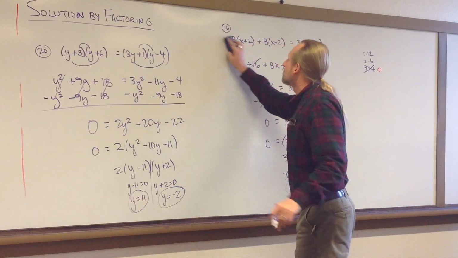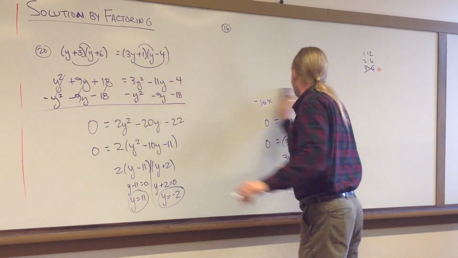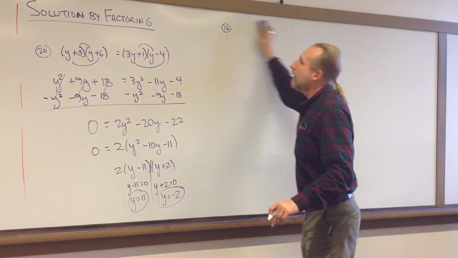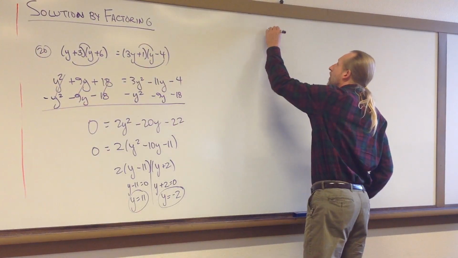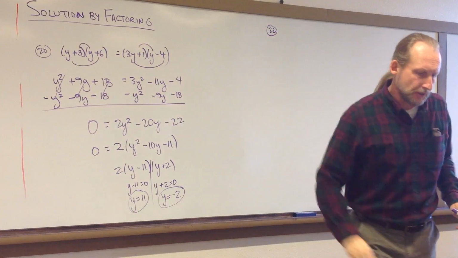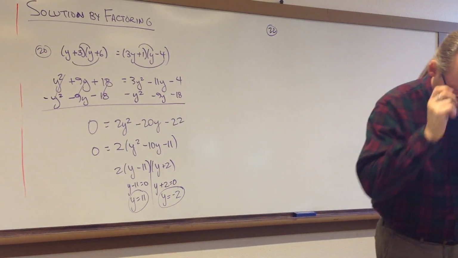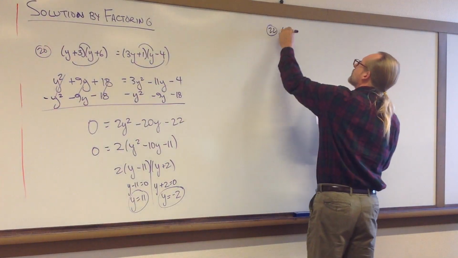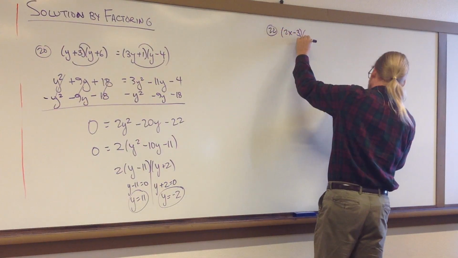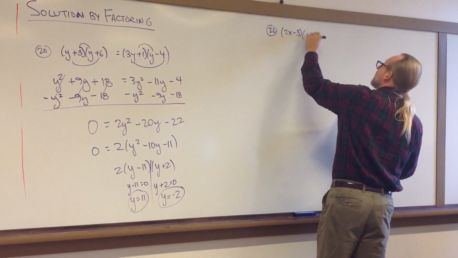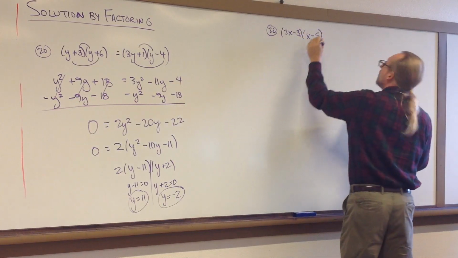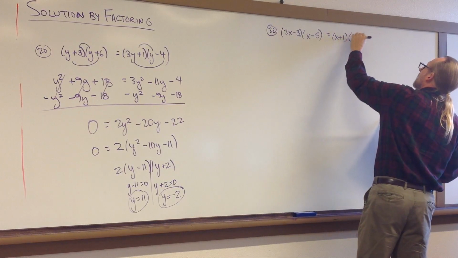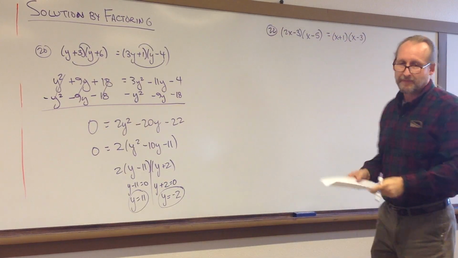Okay. Let's see here. We'll look at one more. Problem 22. And this starts out in a very similar way. We've got (2x minus 3) times (x minus 5) equals (x plus 1) times (x minus 3).